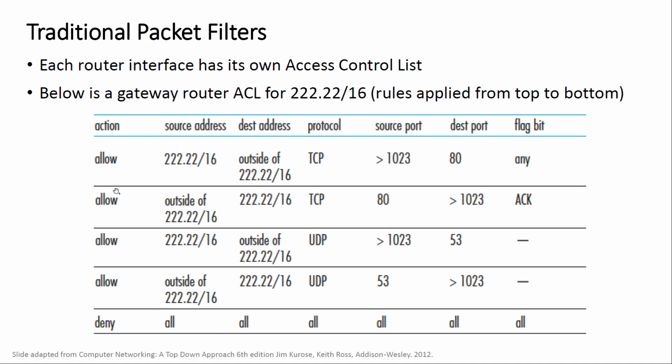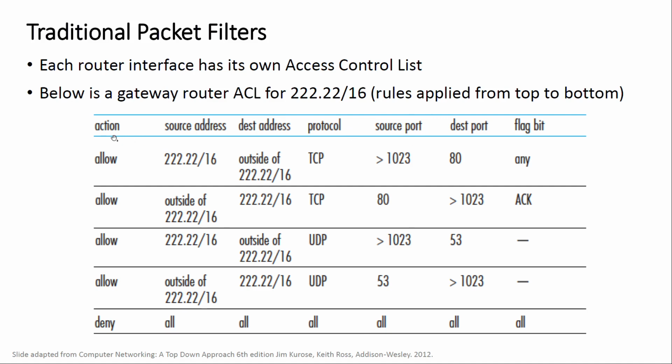So here you can see some basic settings which allow, for instance, TCP connections from the source port to destination port, flagged with any. For this case it's ACK, and these two are for UDP packets. And it is always a good idea, after allowing the things that you need, to deny all remaining.